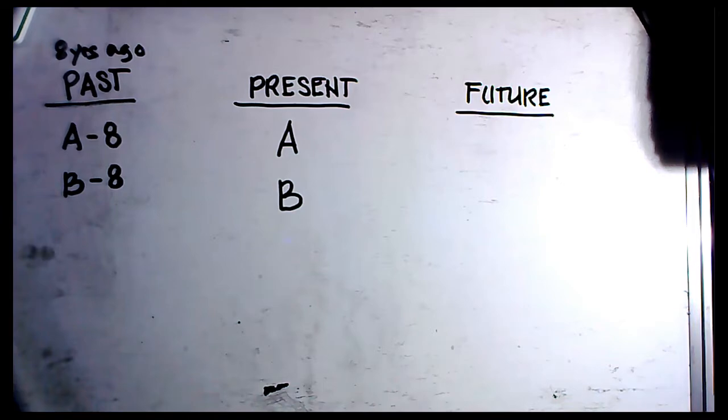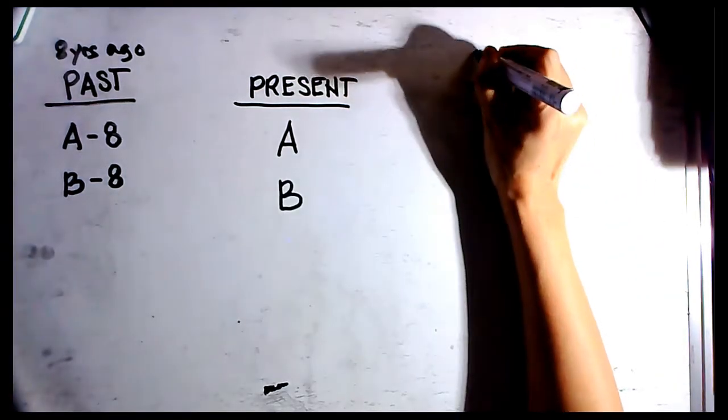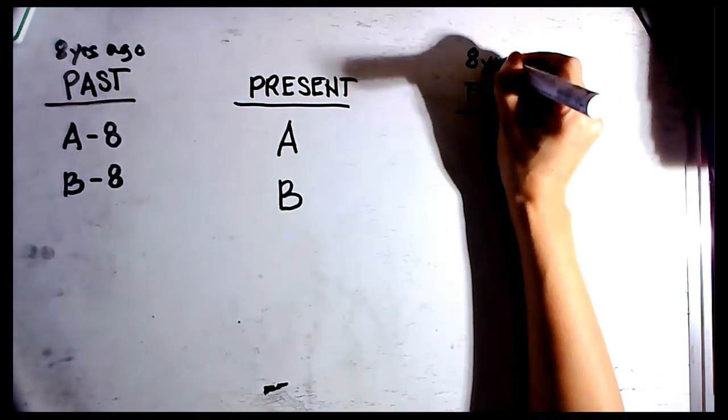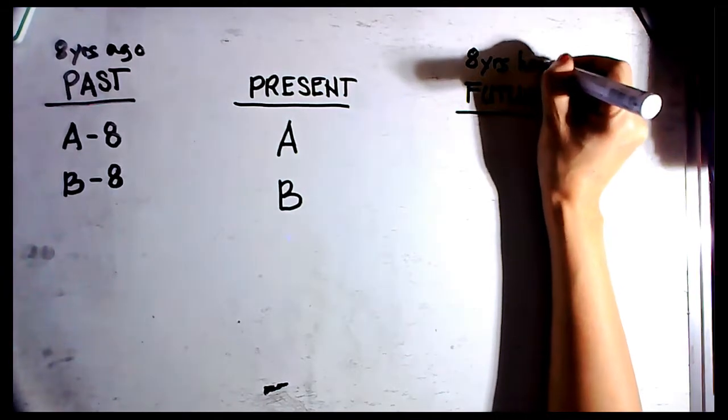And if A will be twice as old as B 8 years hence, that is the future, 8 years hence.